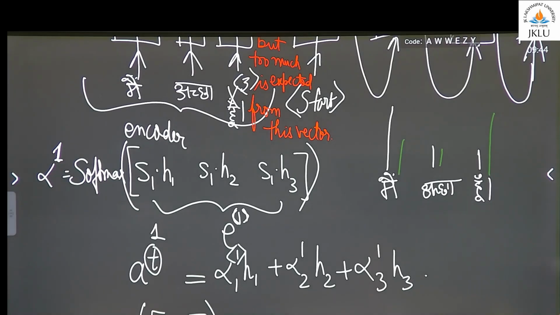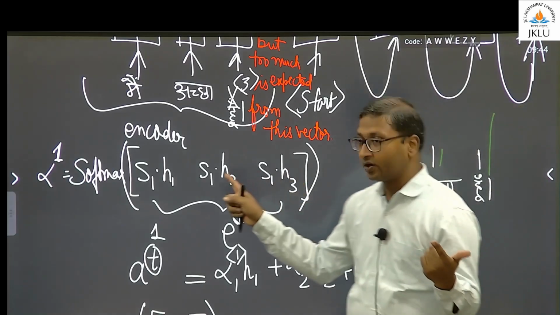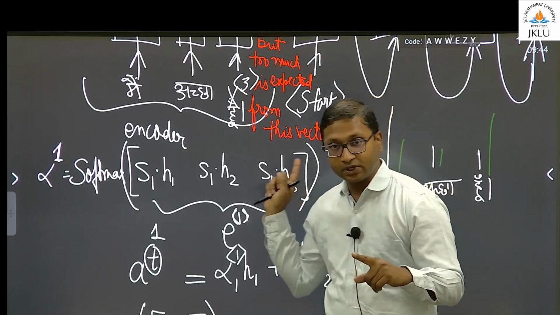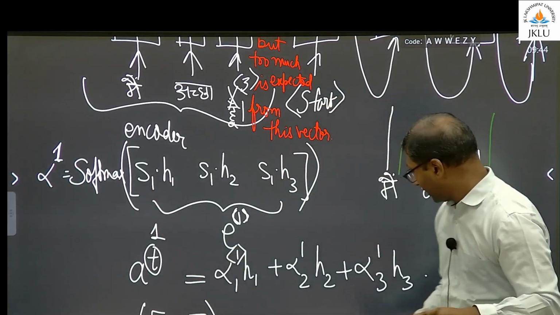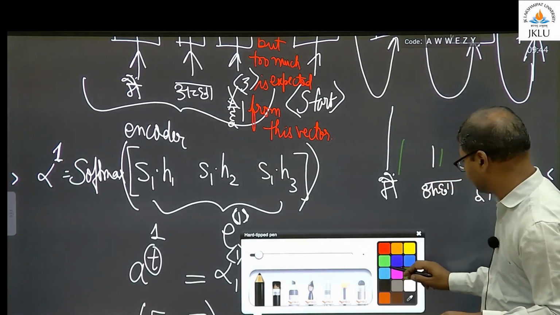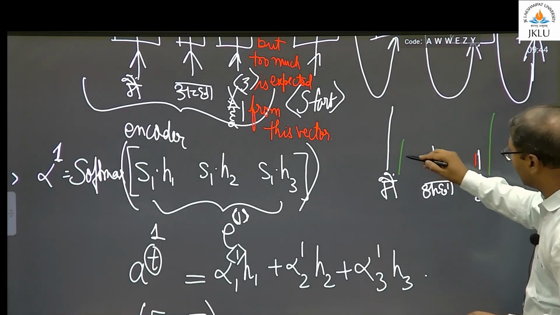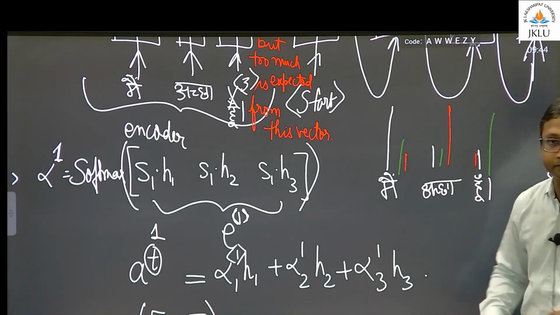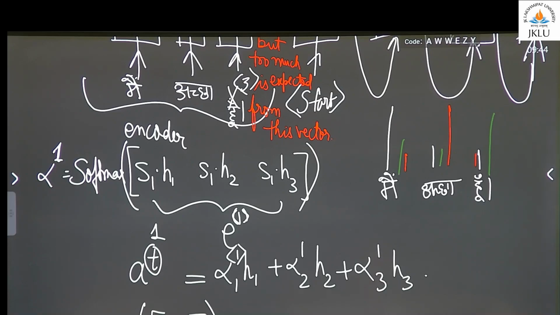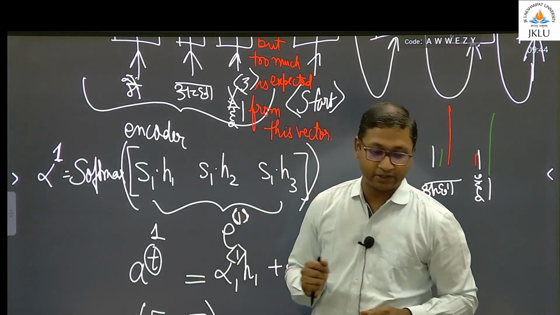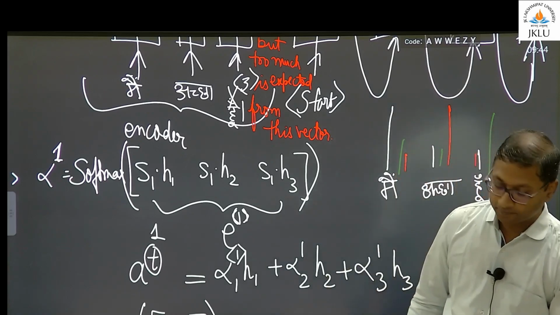S3 dot H1, S3 dot H2, S3 dot H3, softmax. And what do I expect? So maybe this, and maybe here. This solves one of the two problems that we had discussed. What is it?